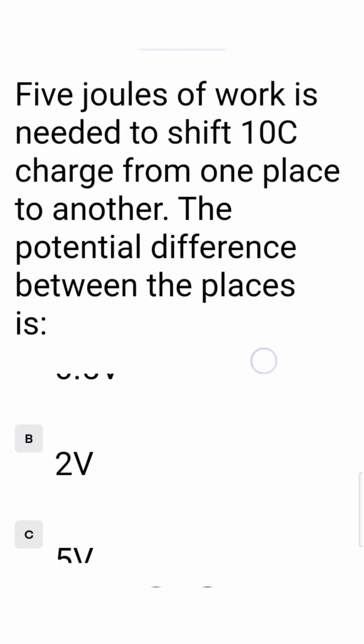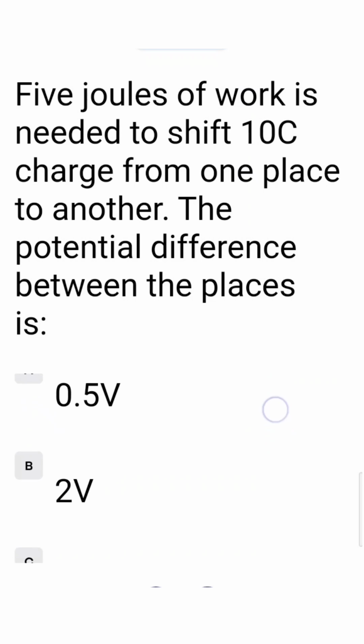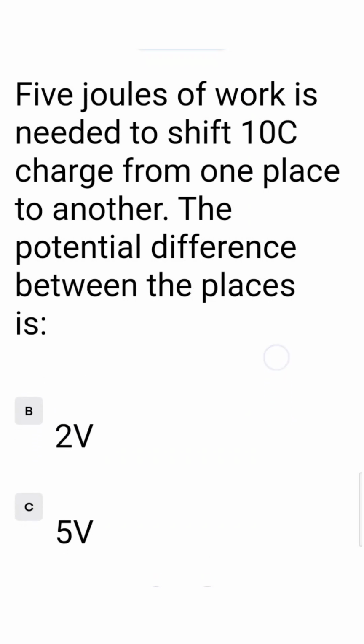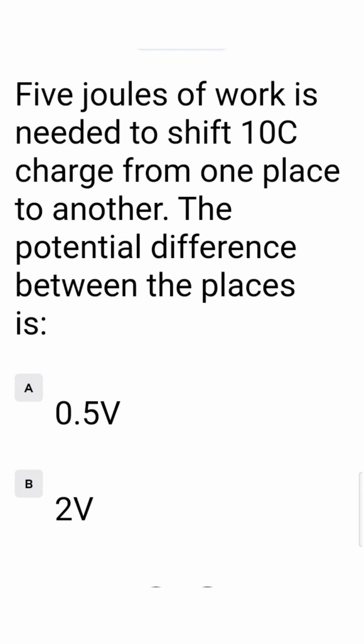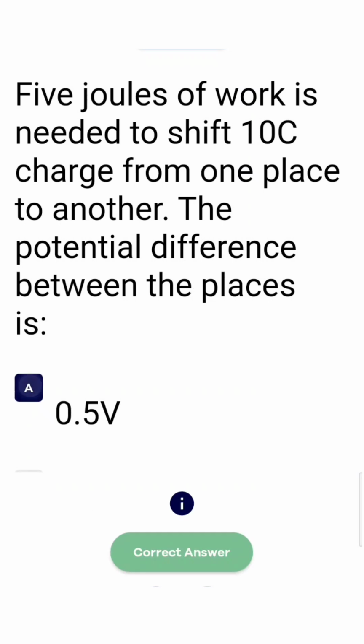Option A 0.5 volt, option B 2 volt, option C 5 volt, option D 10 volt. The correct answer is option A, that is 0.5 volt. So we take option A.